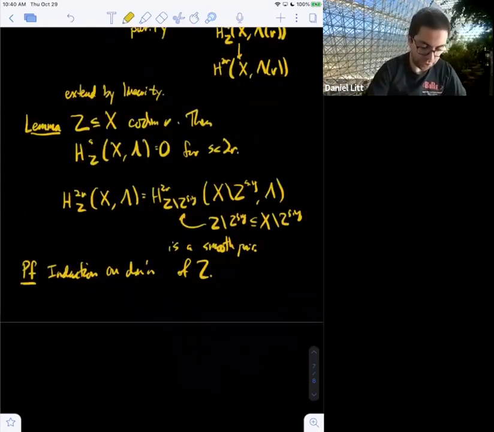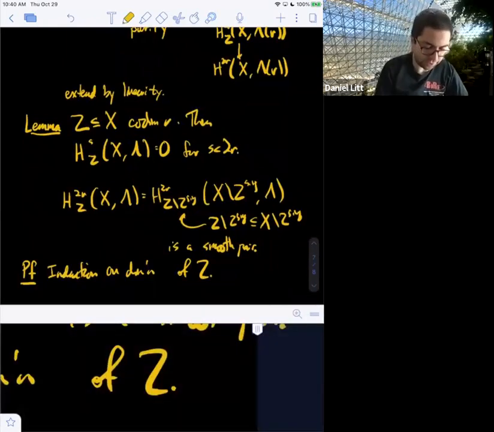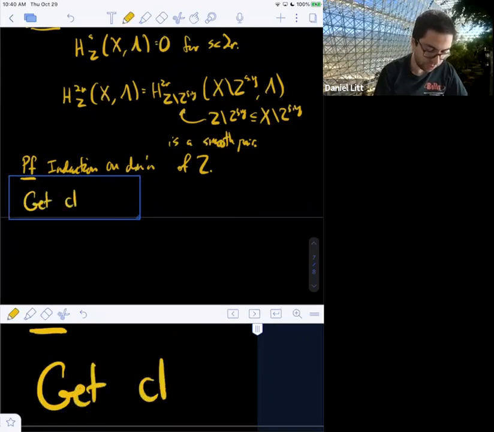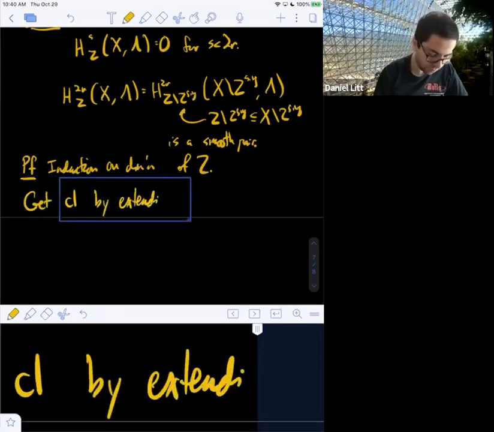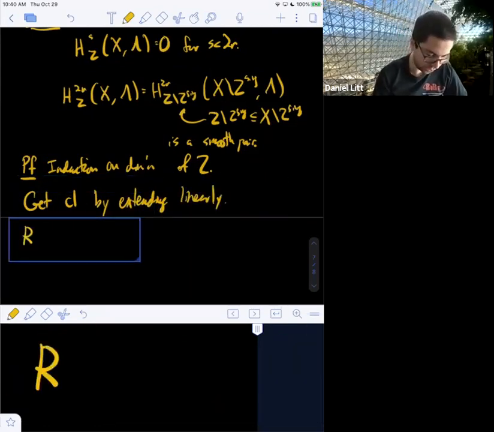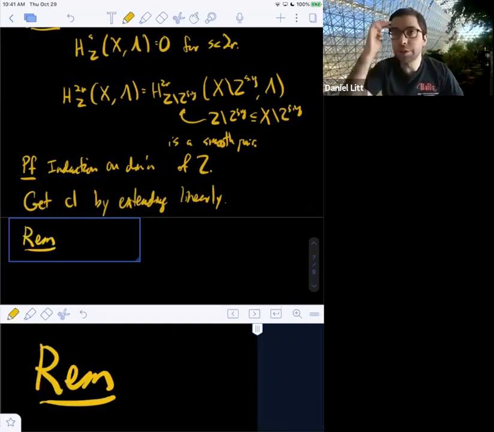Okay, so now once you have that, well, I've defined the cycle class for prime cycles. So now you get cl by extending by linearity. Okay, so let me just make a couple remarks here. Unfortunately, Arvind is gone, but this is closely related to his question.